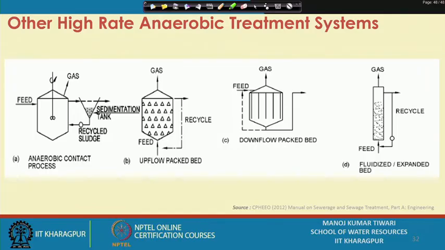So, to begin with, there are various other high rate anaerobic treatment systems. There are anaerobic contact processes. We had a brief list when we were talking about the classification of the anaerobic treatment systems.